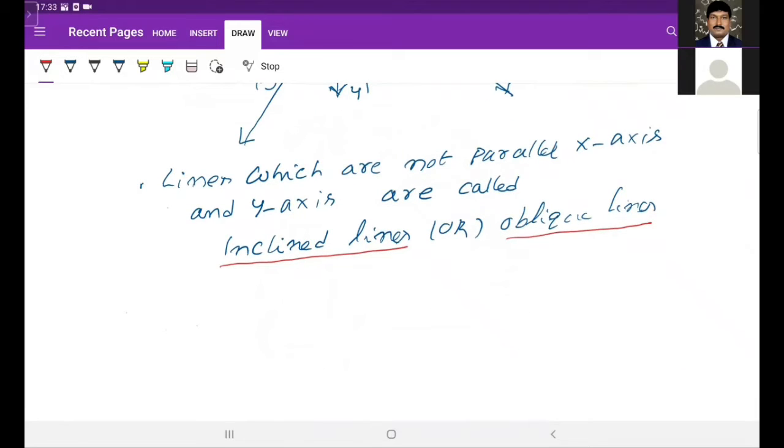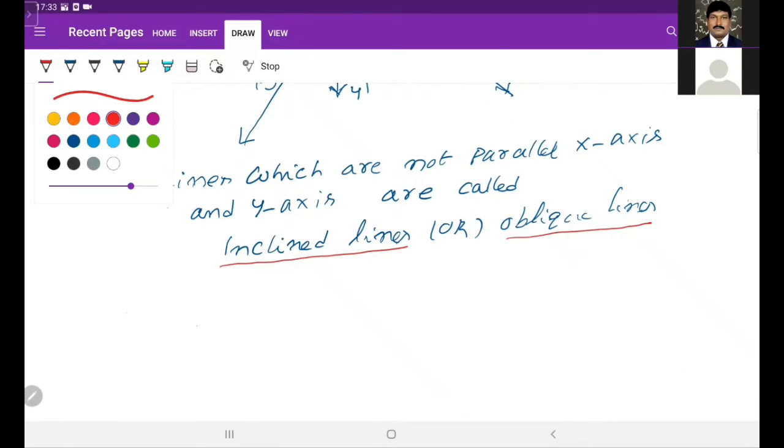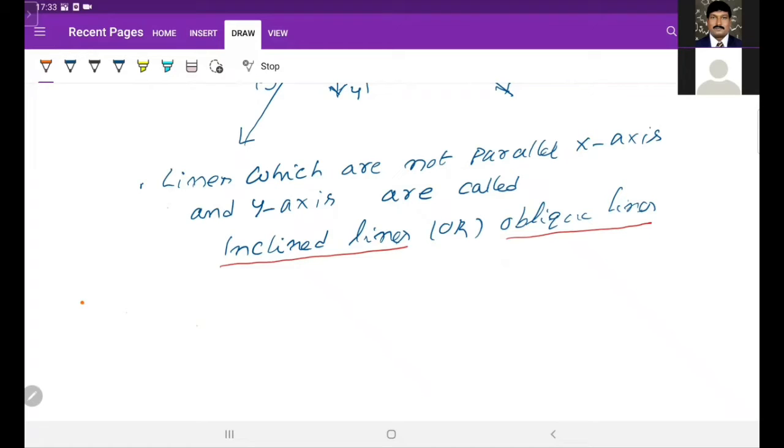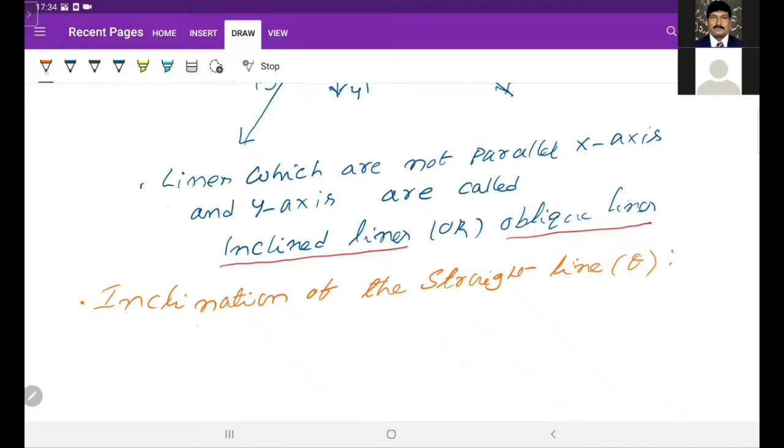Next concept it is now: inclination of the straight line. It is denoted by theta. Okay. Inclination of the line.